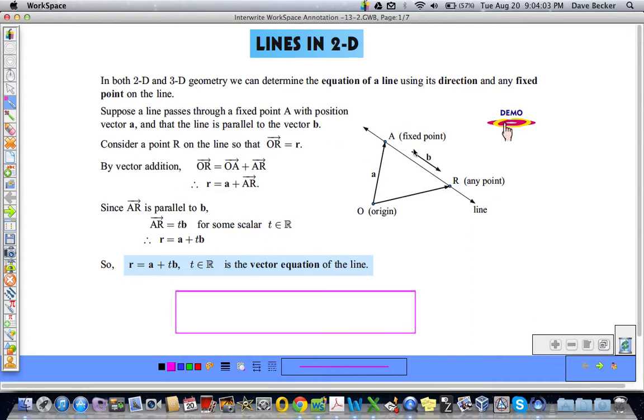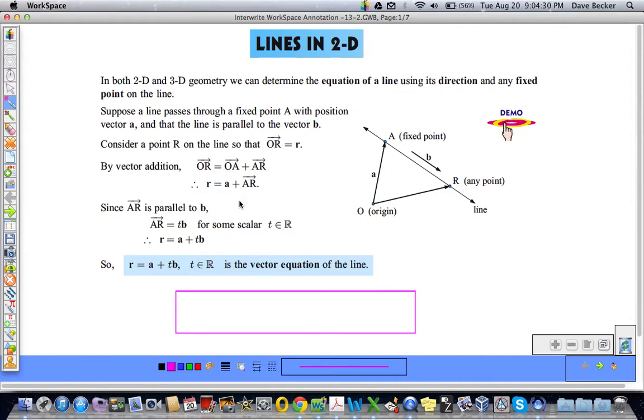In fact, I'll draw that in there for you. If we draw this vector in here, you can see that's how we add vectors geometrically. All right. So it comes down to that the vector equation of a line is given by r is equal to some vector a plus AR.